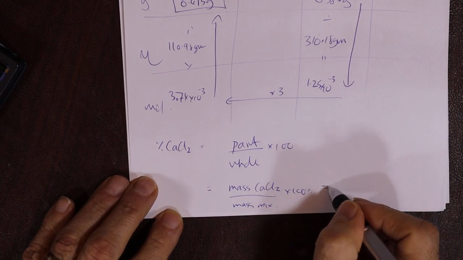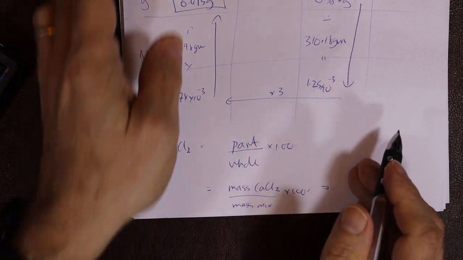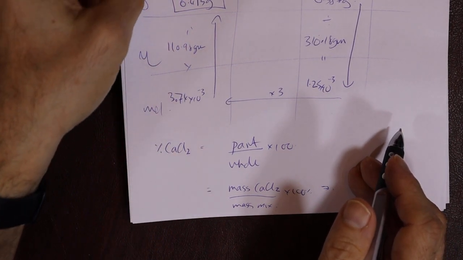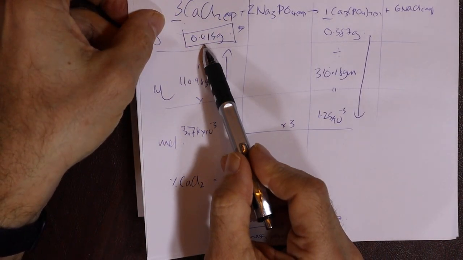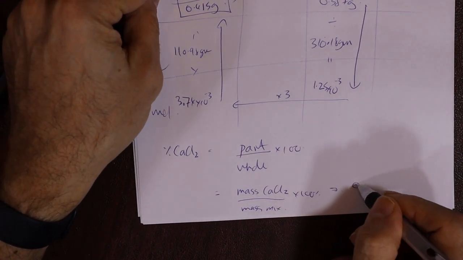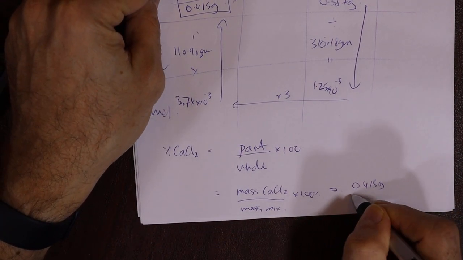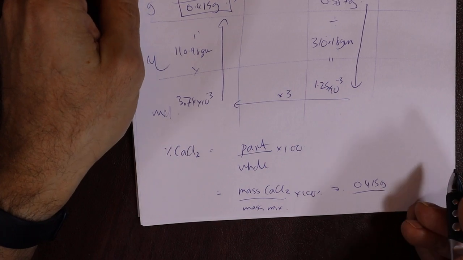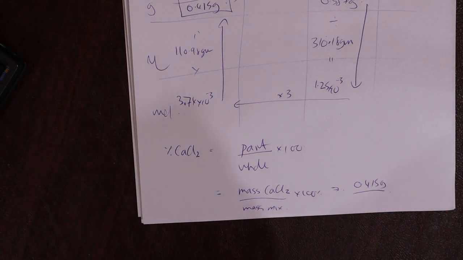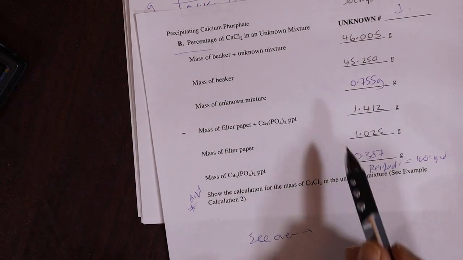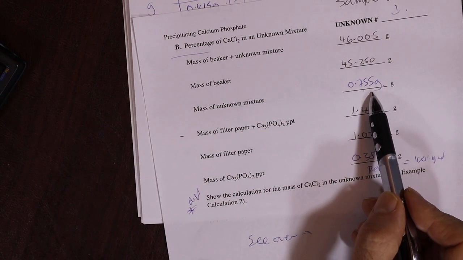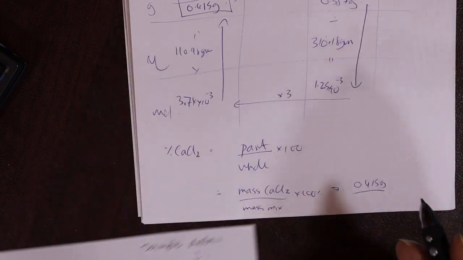So what do we get? The mass of calcium chloride, 0.415, divided by the mass of the mixture. Now we've got to look back at the data sheet for that. The mass of the mixture is here, 0.755.